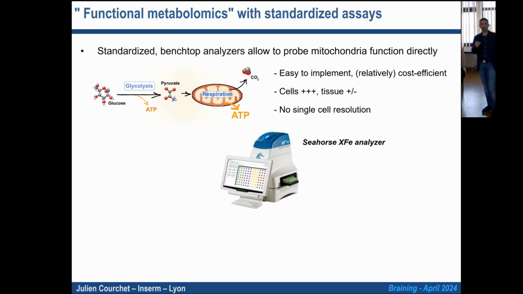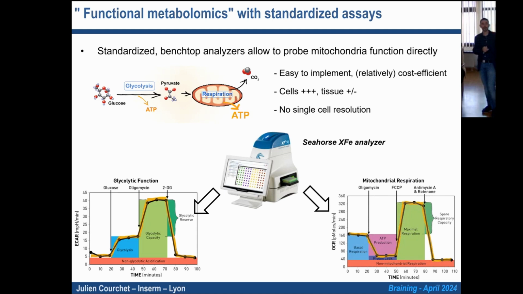So one example is the Seahorse that is now commercialized by Agilent, but you can also use or hear about Growth technology. They would be providing the same type of information. This is measurement of some changes that happen in your mitochondria or in whole cell populations.